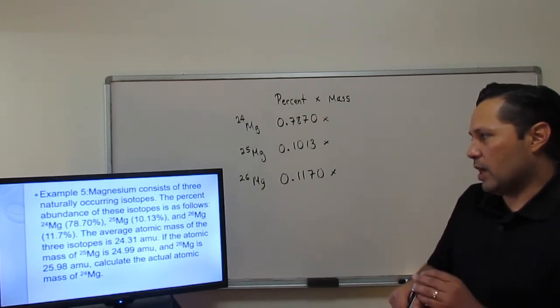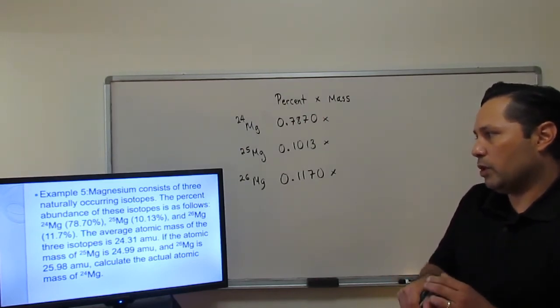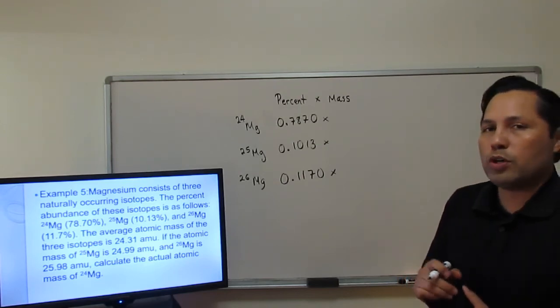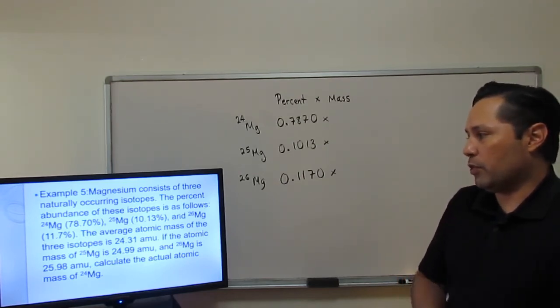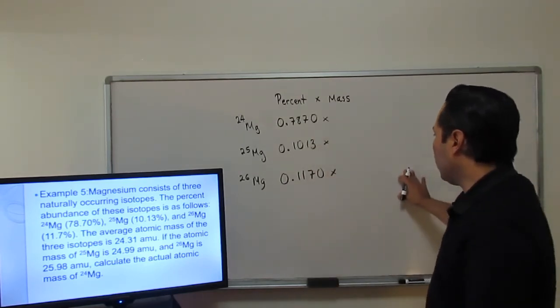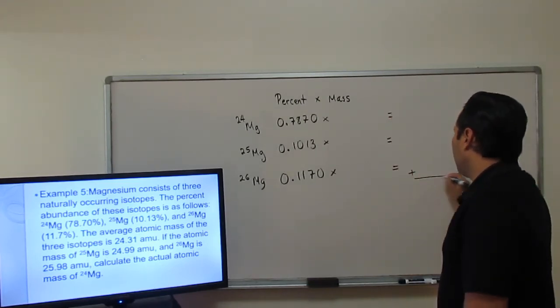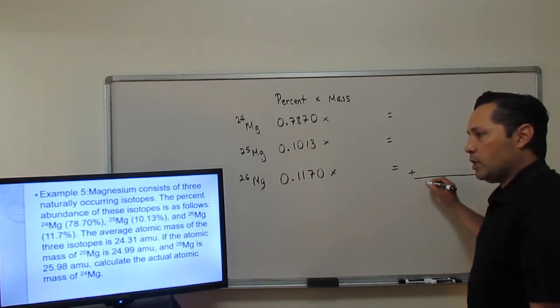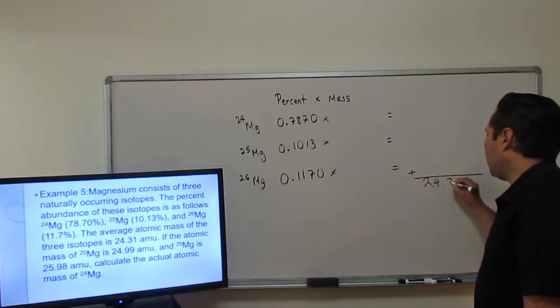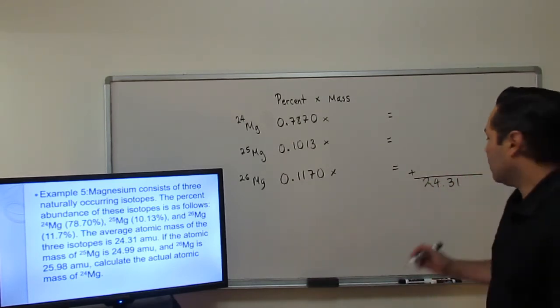Next, they tell you the average atomic mass of the 3 isotopes is 24.31 AMU.